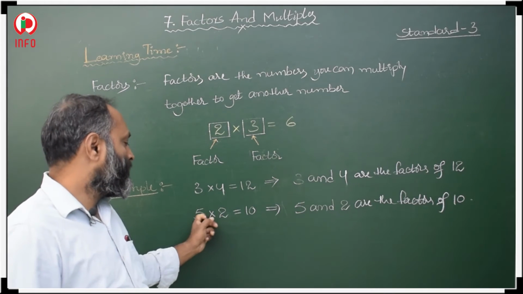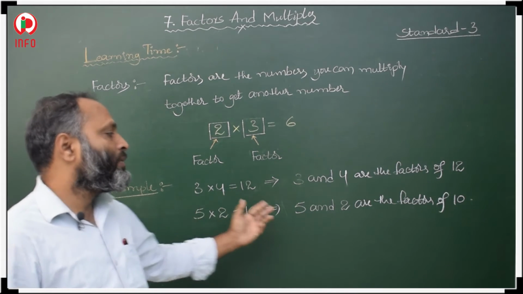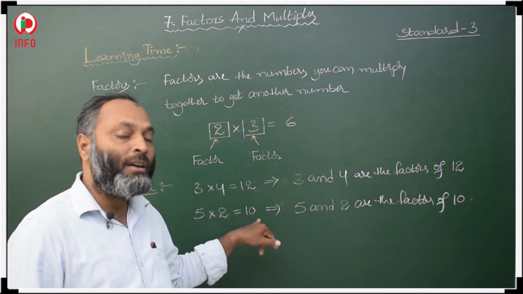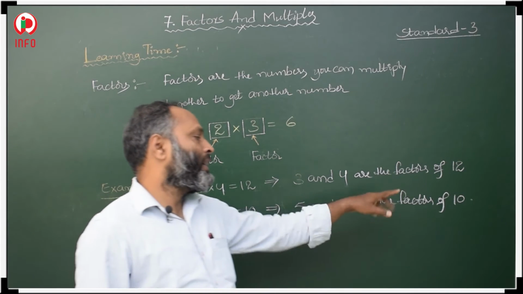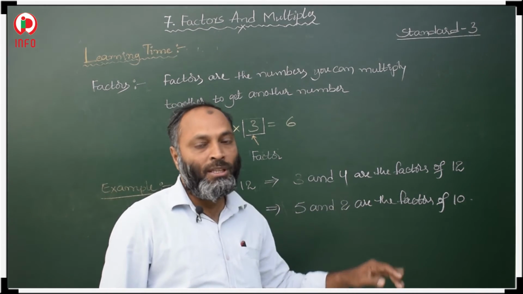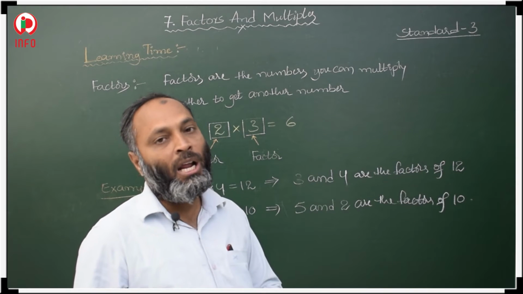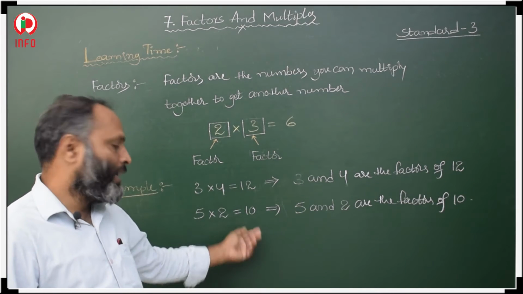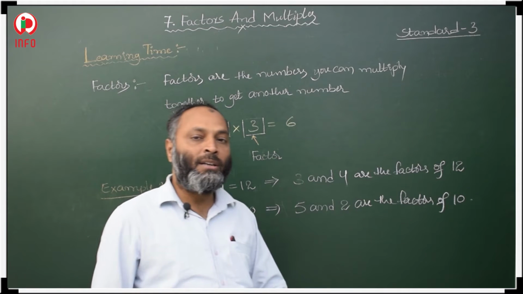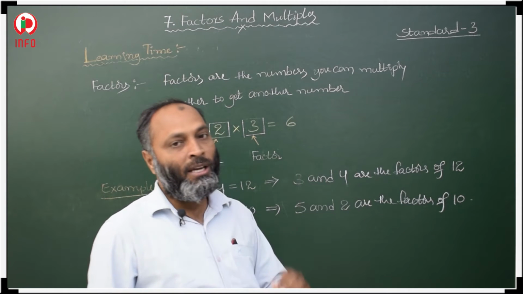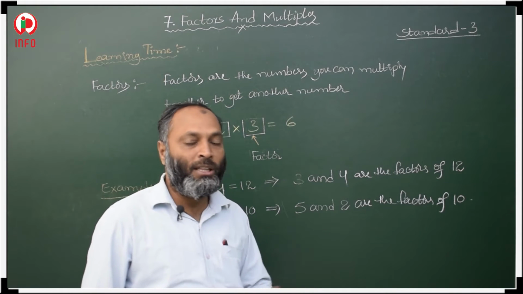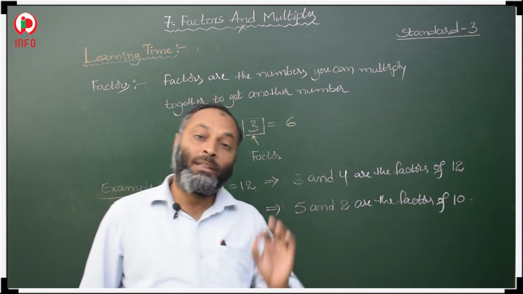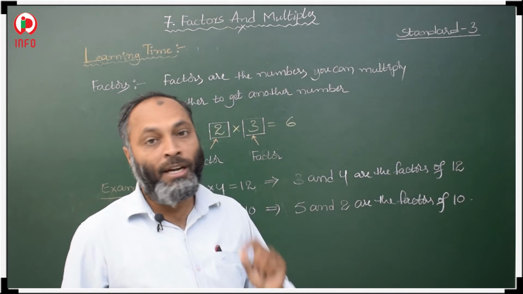These two are the factors of 10. So these numbers multiplied together are the factors of this product. What is the product here? 10 is the product. So factors are the numbers that you multiply together to get another number. This is the definition of factors.